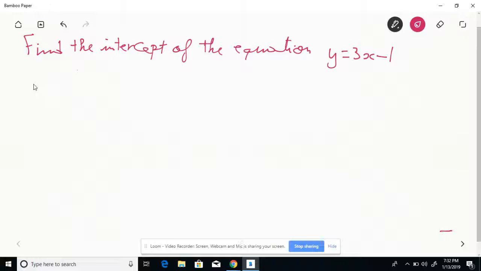So you have to know two things. To find the intercept, the first thing is the x-intercept.